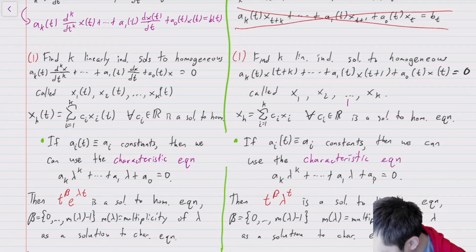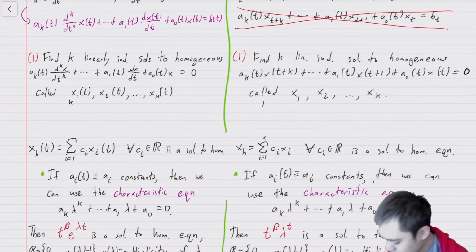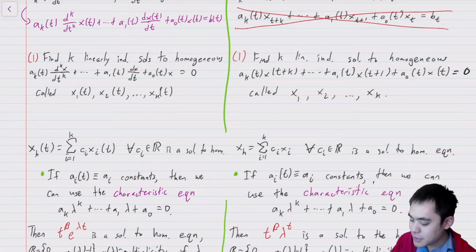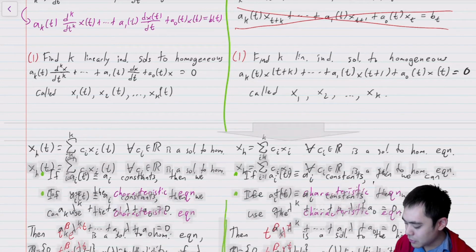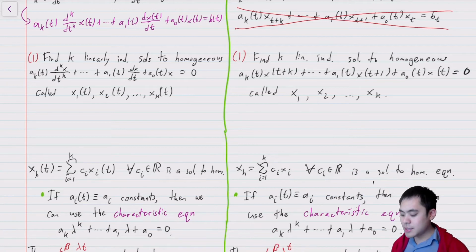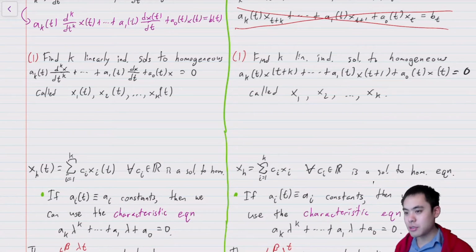I think I missed my k's. That's all right. So let's put our k's back in there. That's a k, that's a k. And the reason that we can take these linear combinations is that whenever you plug in, suppose you had some linear combination of two of these, just to make life easy.